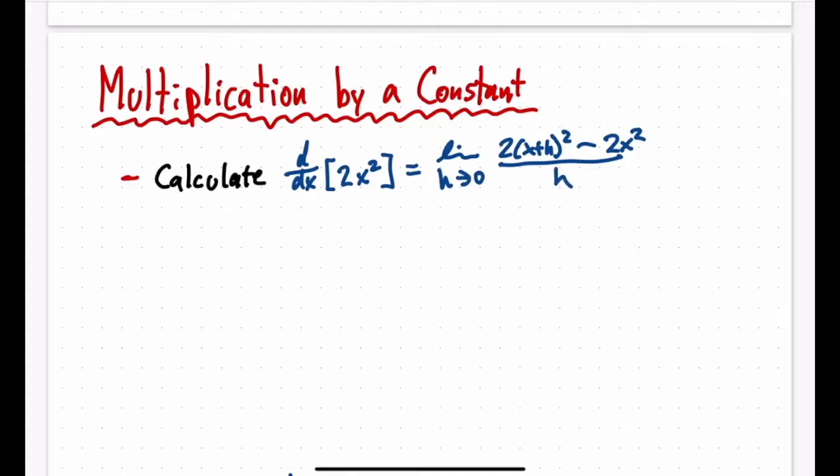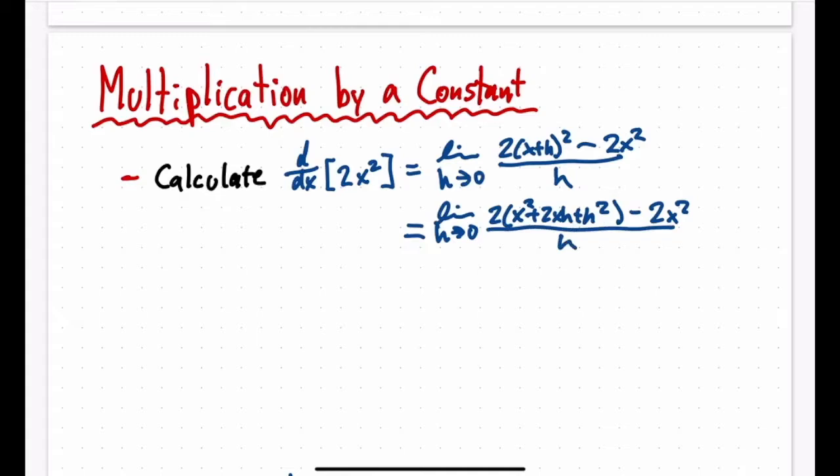Not too hard. Now let's simplify. So we can expand that x plus h squared, and it becomes x squared plus 2xh plus h squared, minus 2x squared, all over h.